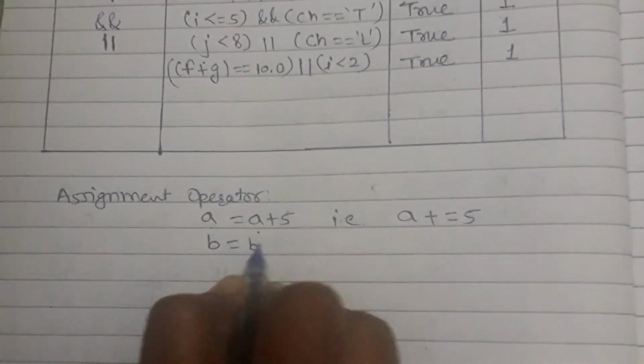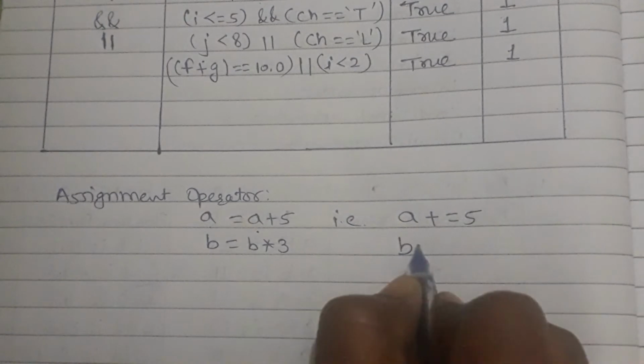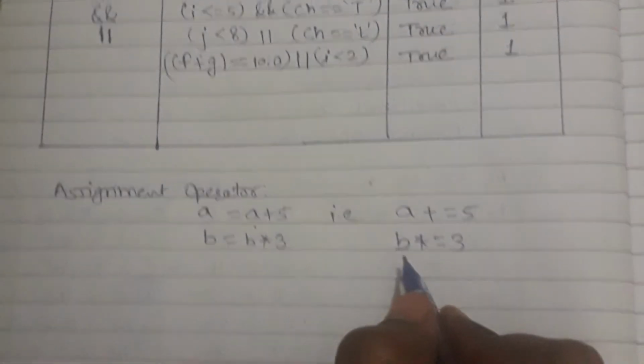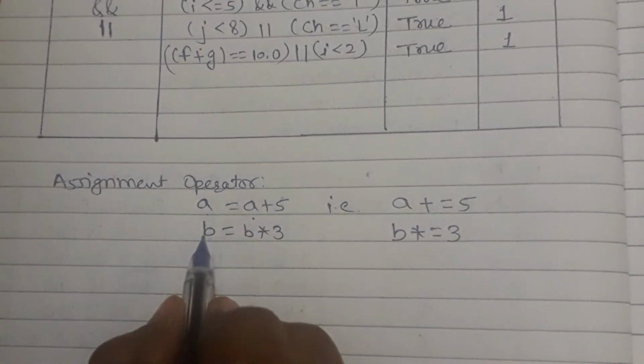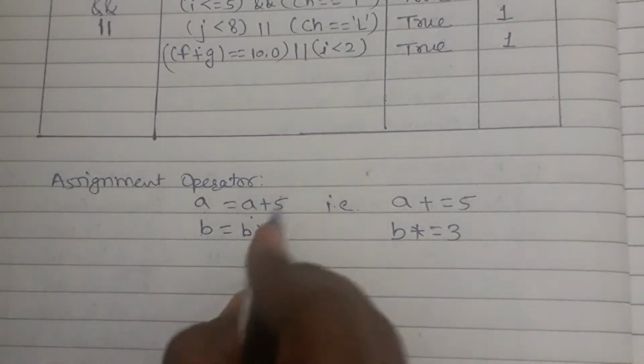Now again, if I would like to write b is equal to b into 3, then we can write it as b into equal to 3. Again here this b is the same on the left side and on the right side.